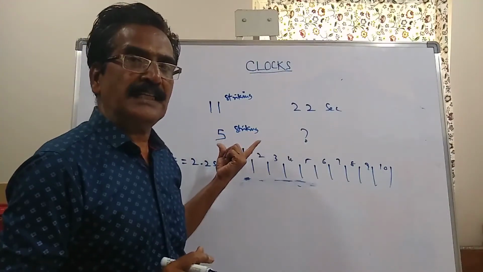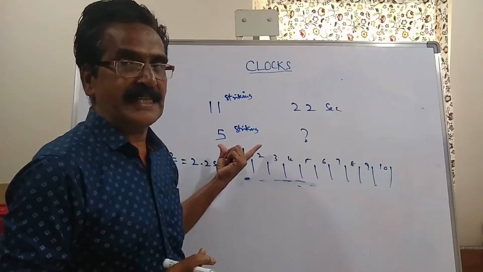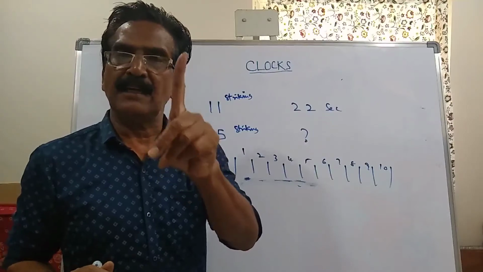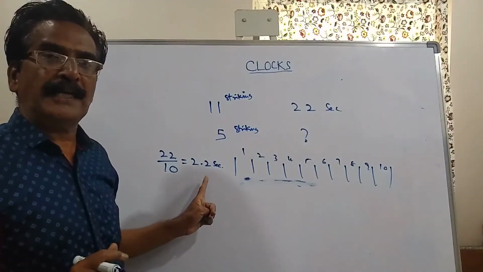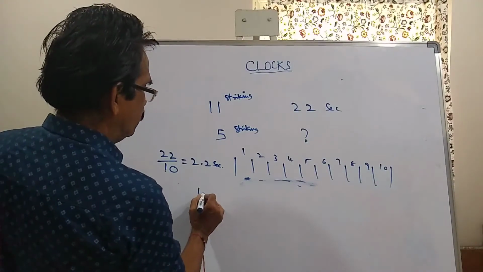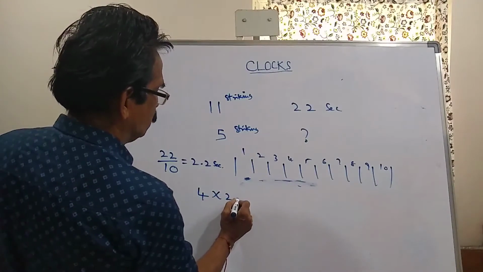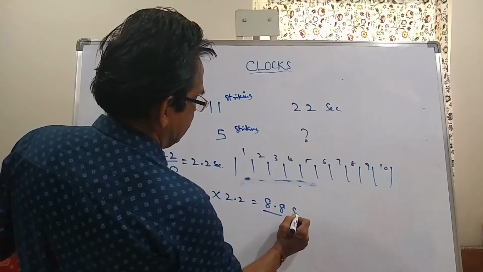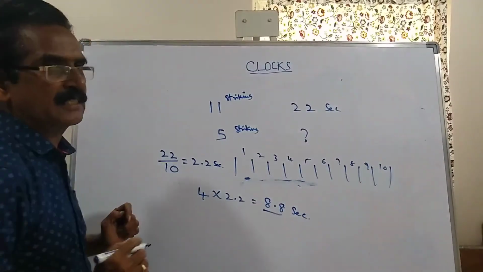Now we want the time for 5 strikings. 5 strikings means 4 gaps. One gap takes 2.2 seconds, so 4 gaps take 4 into 2.2, which is 8.8 seconds. 8.8 seconds is your answer, friends.